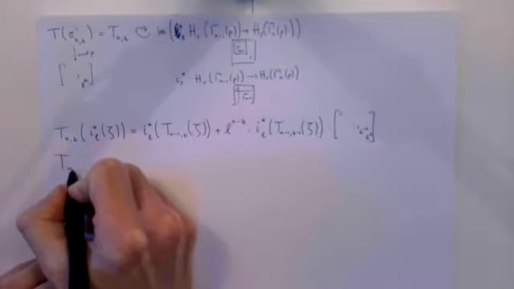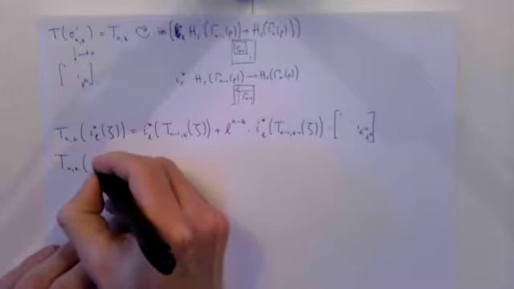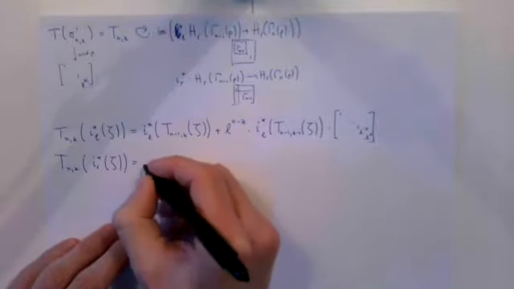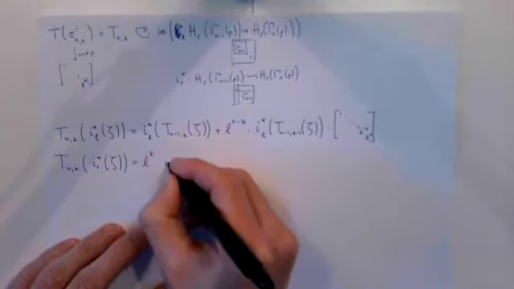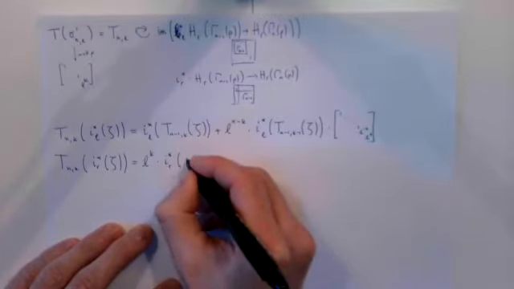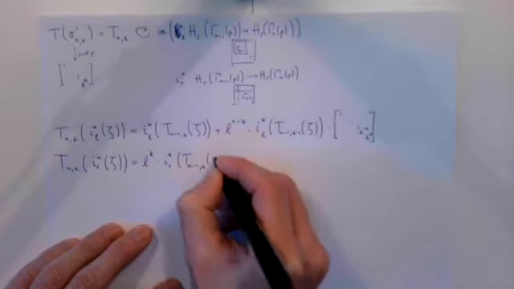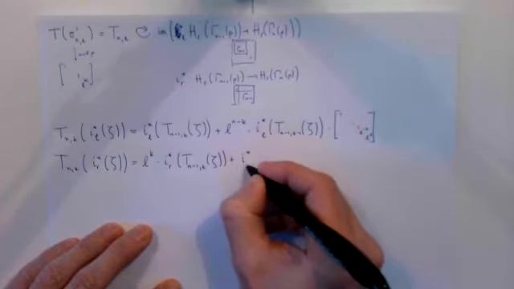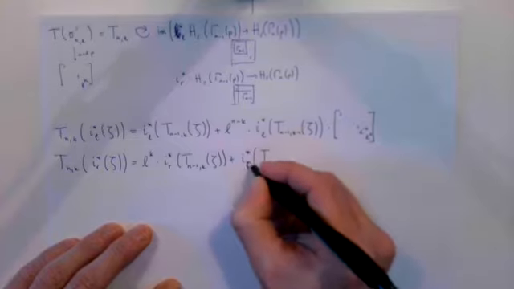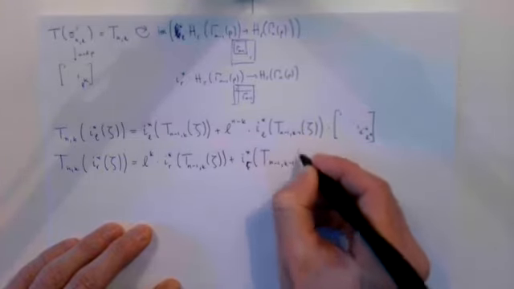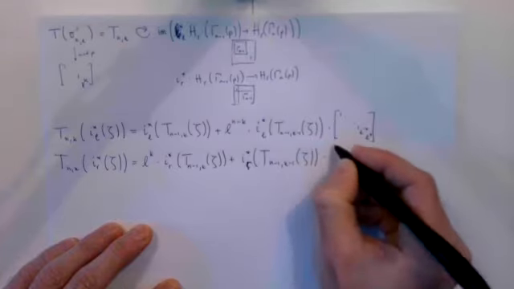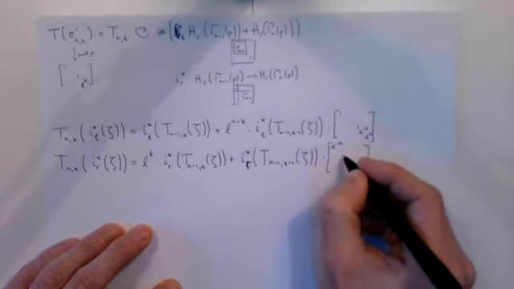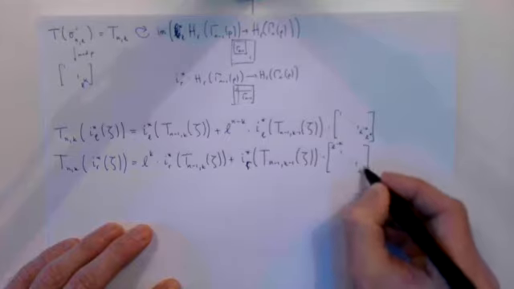And T and K on IR zeta is equal to L to the k times IR of Tn minus 1k of zeta plus IR of Tn minus 1k minus 1 zeta times the matrix L in L to the negative k 1, 1, 1, L to the k.